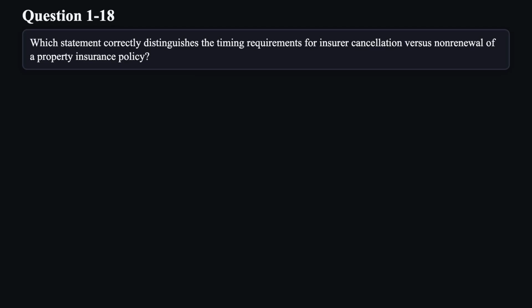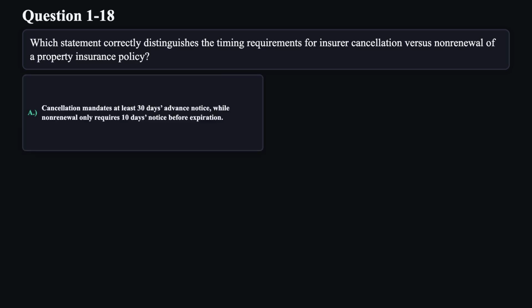Question 18. Which statement correctly distinguishes the timing requirements for insurer cancellation versus non-renewal of a property insurance policy? A. Cancellation mandates at least 30 days advance notice, while non-renewal only requires 10 days notice before expiration.